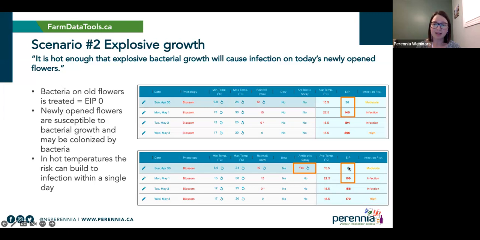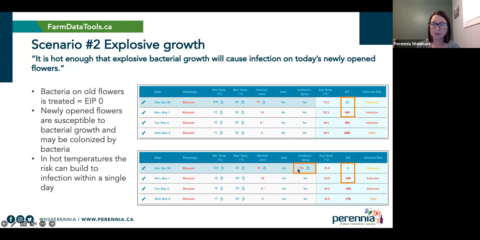And you can see that the EIP, the bacterial growth that follows on the next day, is still reaching 109. Because that's representing the new flowers that opened and how much bacteria is actually just growing in that single day. So your old flowers are protected, but your new flowers are actually susceptible to infection in this case.